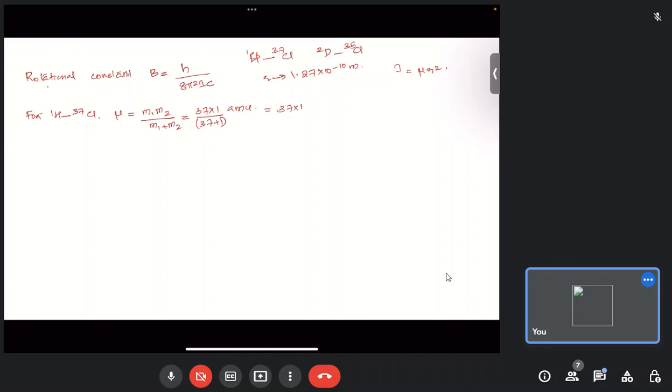so we need to find it in kilograms. So this is 37 by 38 into 1.67 into 10 to the power minus 27 kilograms, which equals 37 divided by 38 into 1.67.